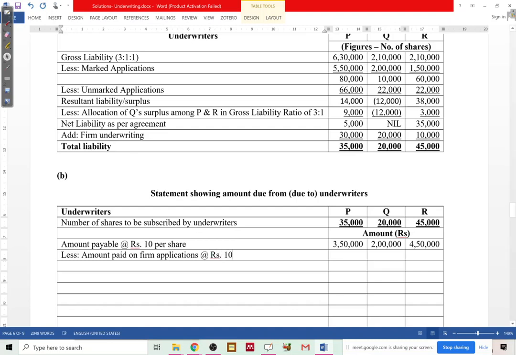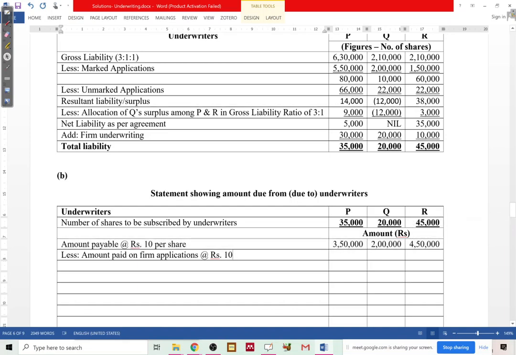We are assuming that the full 10 rupees is paid at the time of application. We don't have any extra information about what is application money and so on. So minus these firm application money from the total money which these underwriters are supposed to pay to the company.